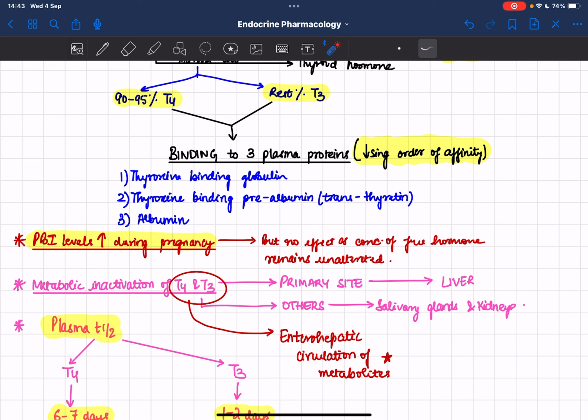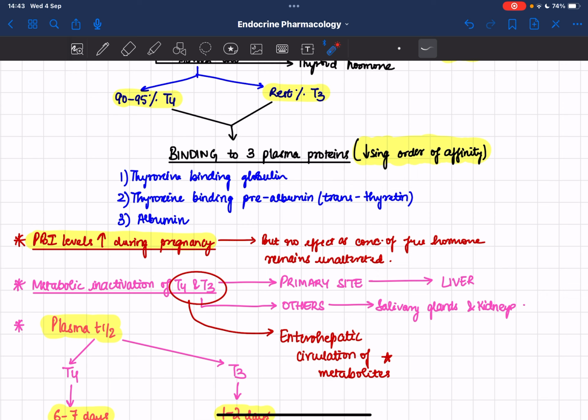Now, protein bound iodine levels will increase during pregnancy. But do you think there will be any effect of this on the body? No, actually there is no effect, as the concentration of free hormones remains unaltered.